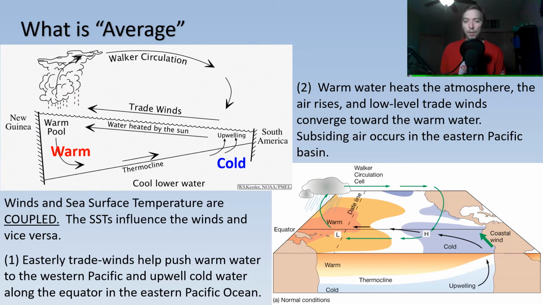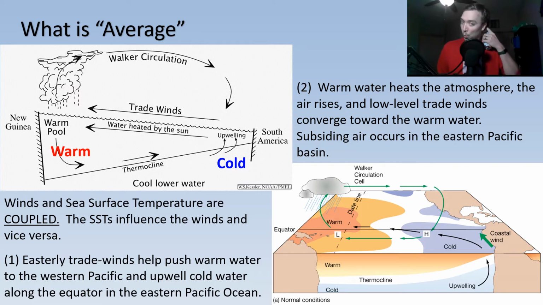And we can see a three-dimensional or slightly oblique diagram at the bottom right there, looking at just this phenomenon. This is a neutral phase. So we can see almost perfectly that thermocline right there with the upwelling, warm water on top, the cold water in the deep. Coastal winds are driving north along the coast of Ecuador and Peru.